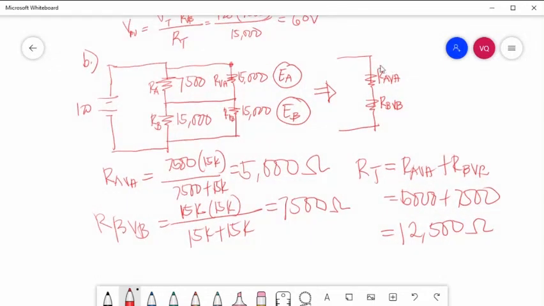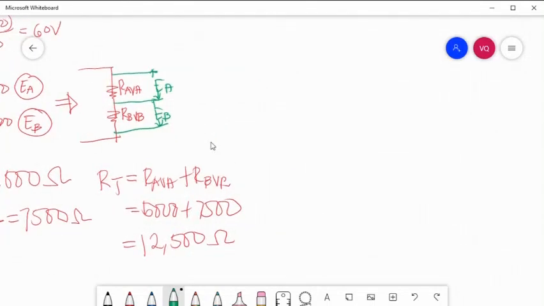From here, after solving the total resistance, we can solve EA and EB, the voltage drops, using VDT. So we will just use voltage divider theorem.